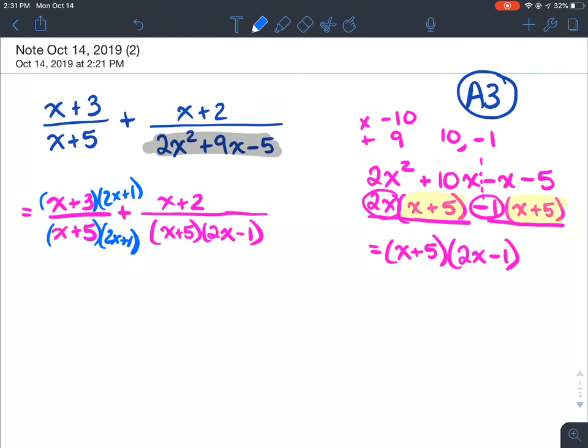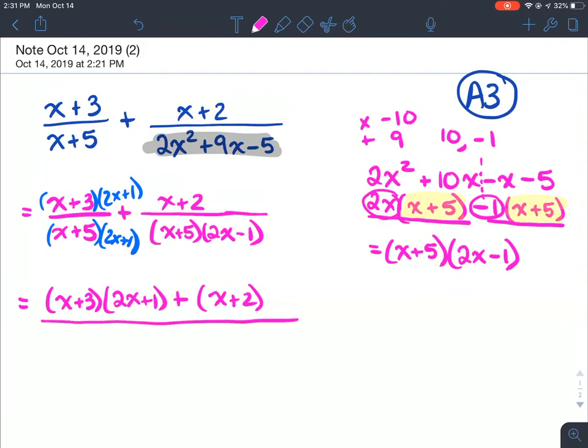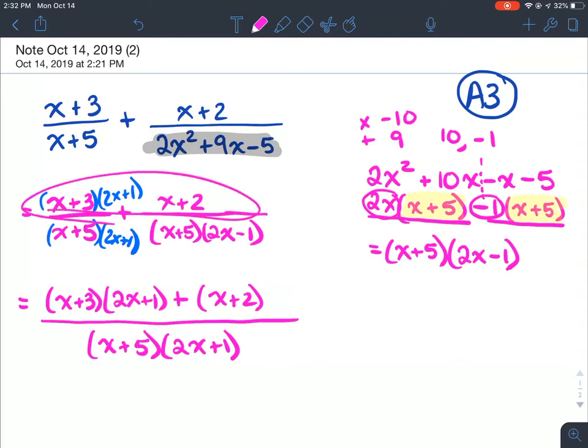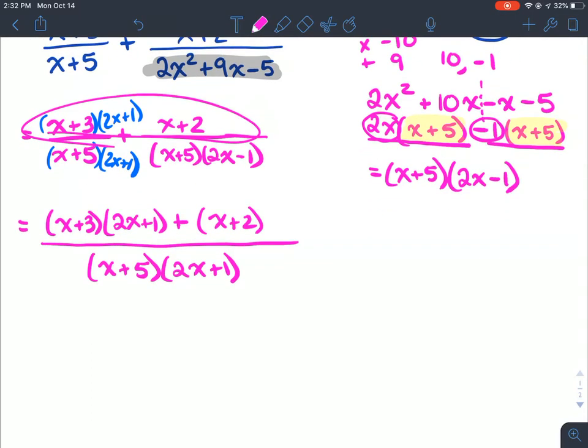Now they have a common denominator. So, rewriting this, we'll have x plus 3 times 2x plus 1 plus x plus 2 divided by x plus 5 times 2x plus 1. So once we got them in common denominator, which we did, then we can just add the numerators together. And that could be your final answer, or you maybe want to clean it up a little.